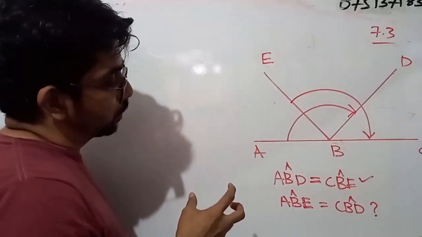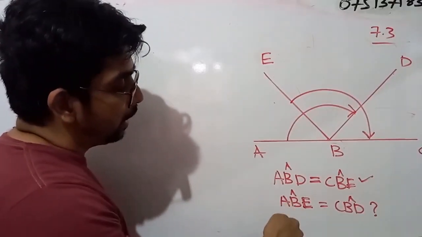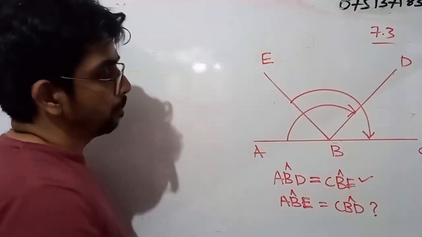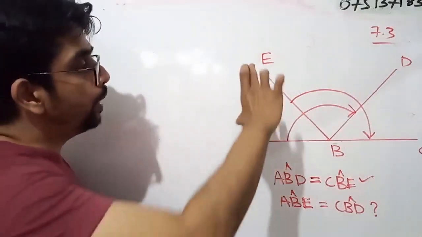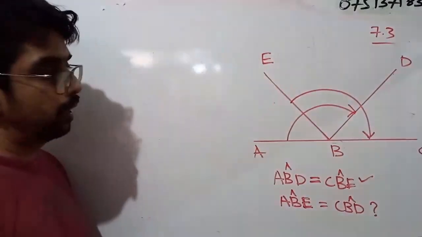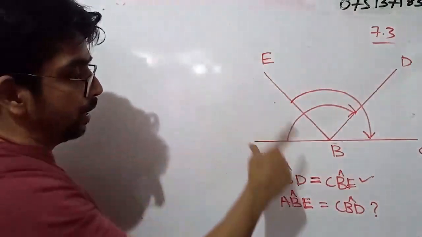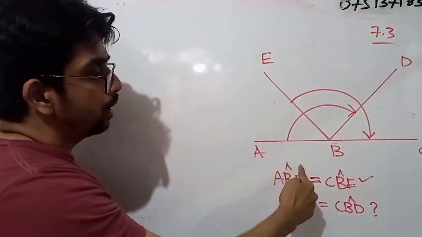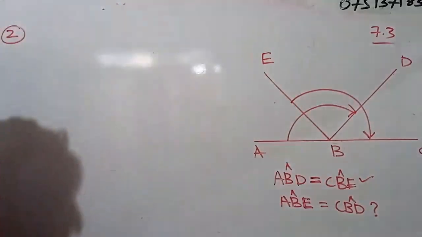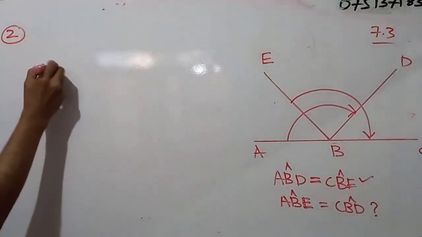Right? So here take the angle ABE. How do we get the angle ABE? Take angle ABD.